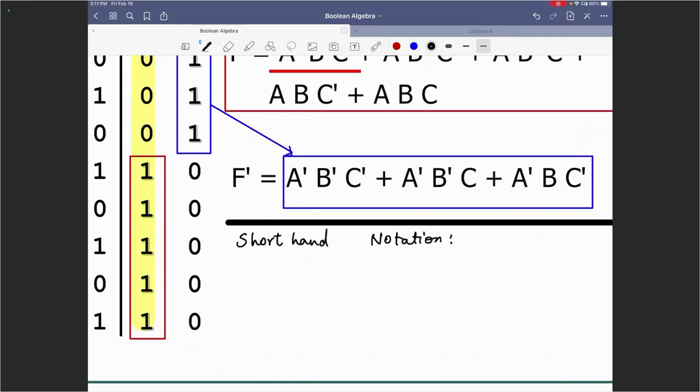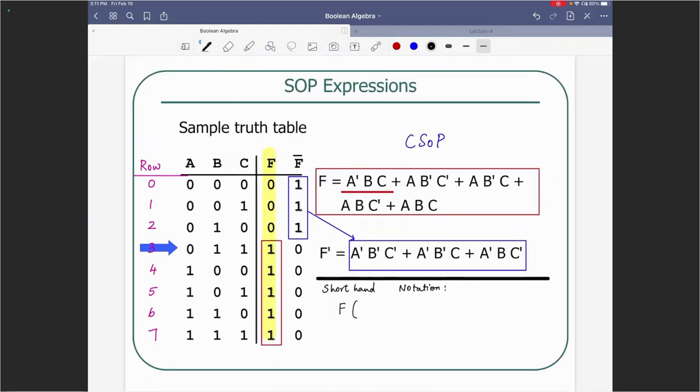How do you use shorthand to write the same thing? Well, I would say F, what does F depend on? Very important to list out the input variables, and more importantly, the sequence of those input variables. In our truth table, we were using A as our most significant variable because it was all the way to the left, and C was effectively your least significant input variable.